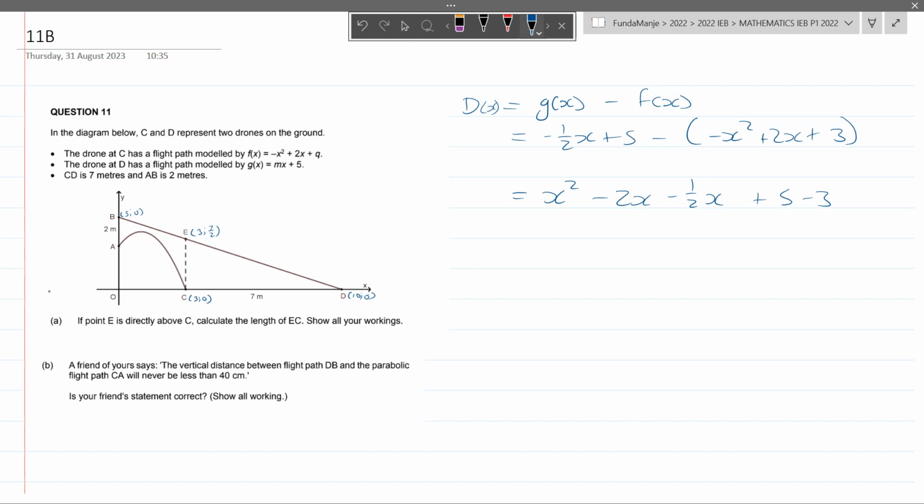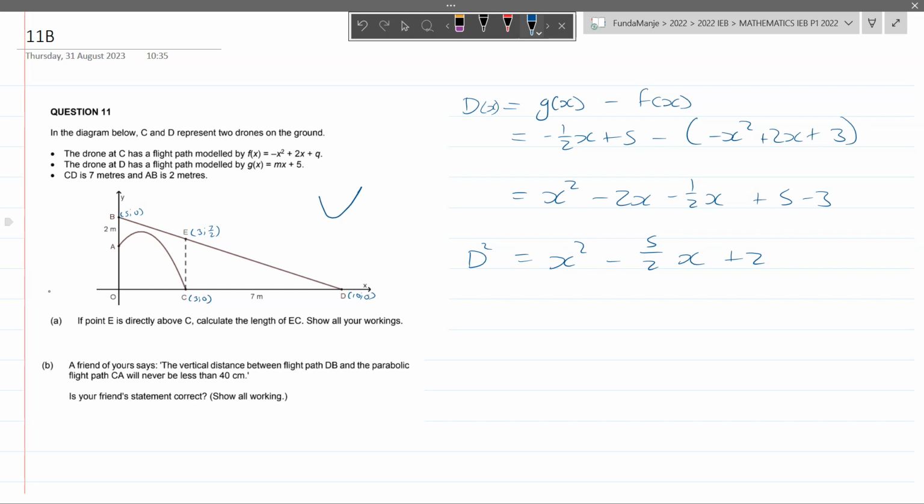This can be simplified to x squared minus 5 over 2, which will be minus 2.5, x plus 2. This is the formula that describes the distance, and we can see it's in the form of a quadratic equation and a smiling one at that.